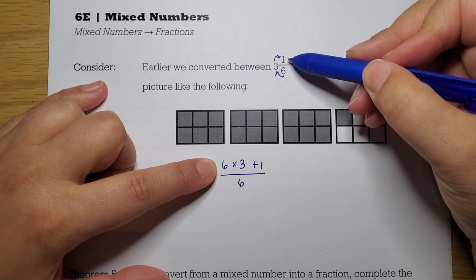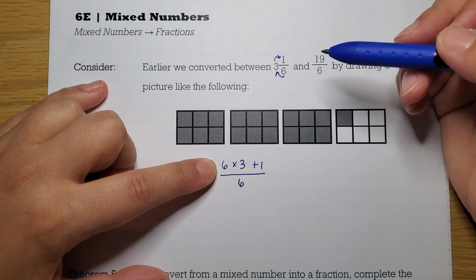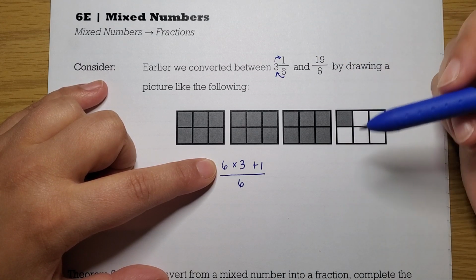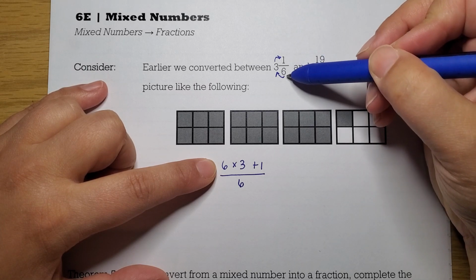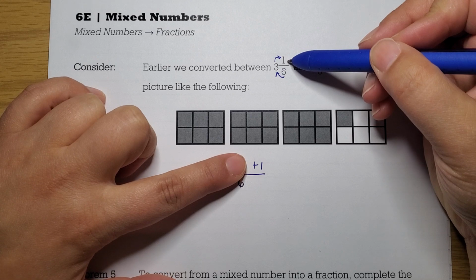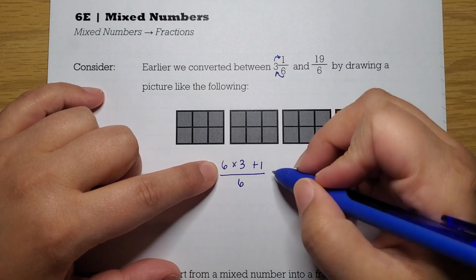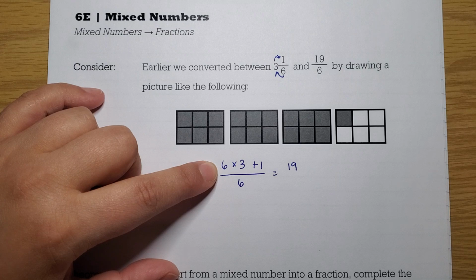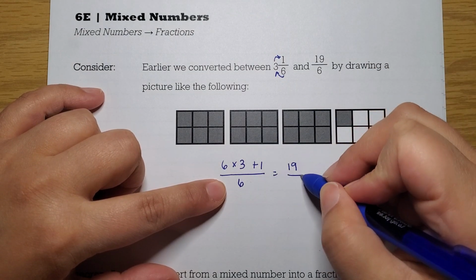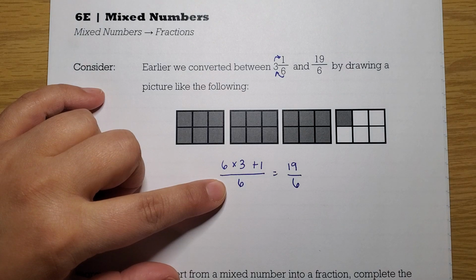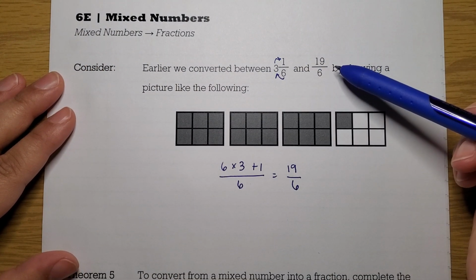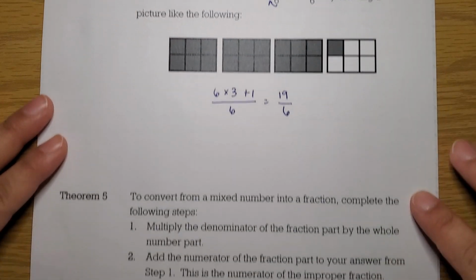So I think of converting between a mixed number and an improper fraction as a very visual process, where I multiply the denominator by the big number, and then I add the numerator. And that's going to give me this new numerator of 19. Notice in this process, the denominator doesn't change, it remains the same. So that's going to be our technique for converting mixed numbers into improper fractions.